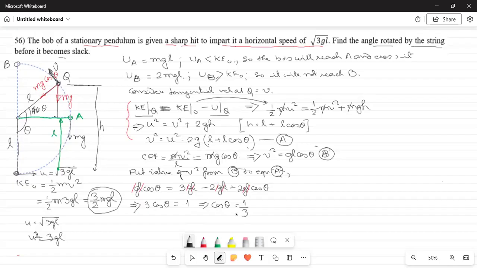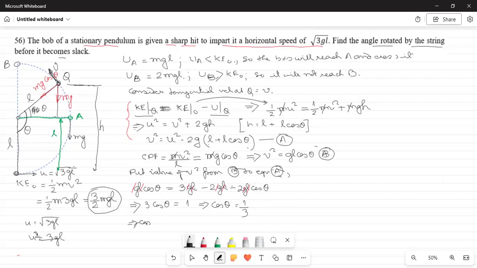Now look at this. Theta is more than 90 and less than 180. So this is the magnitude of cos theta, but the algebraic sign of cos theta will be negative.